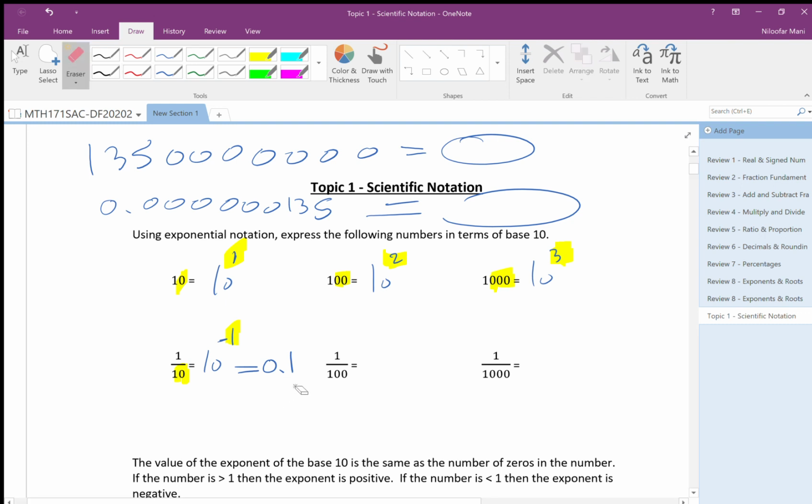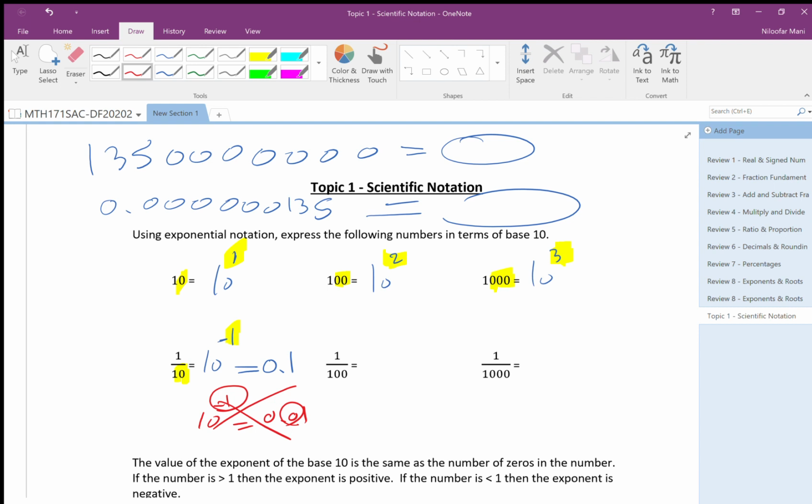Okay, so I want to make this clear, because sometimes I see students make a mistake, they do 10 power minus 1 equals 0.01, and they say because it's 1 and it's 1 here. Okay, no, that's wrong. The reason I have a decimal is because of 1 over 10. 1 over 10 makes the decimal for me. So 1 of the 10 is used to make the decimal. So that's why you have one less.